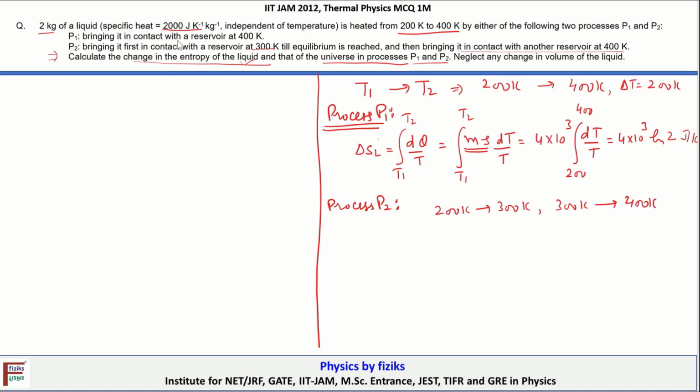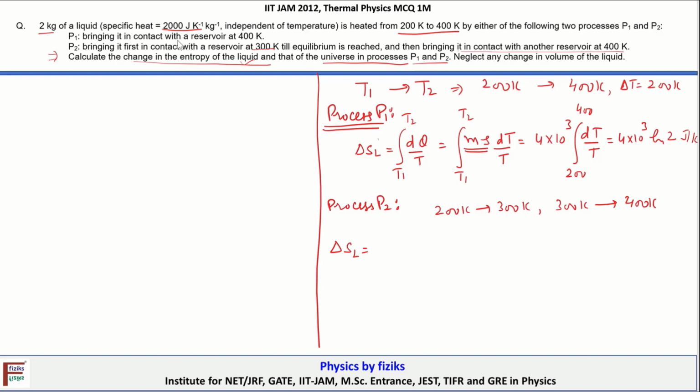Therefore the corresponding entropy change of the liquid during this two-step process, delta SL, is given by the same expression, but now it has two different terms.